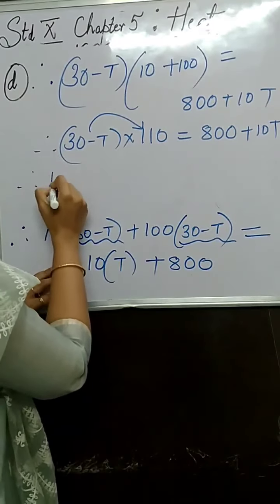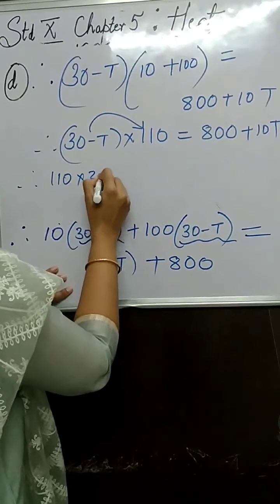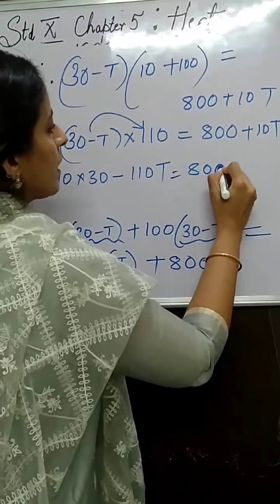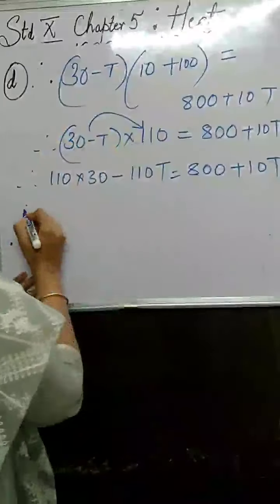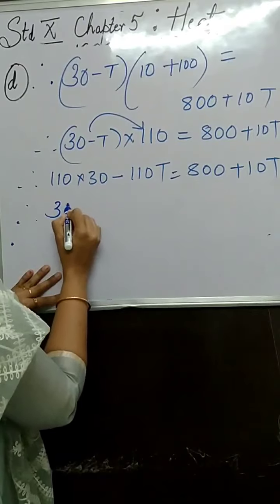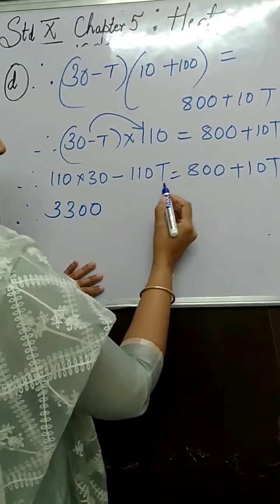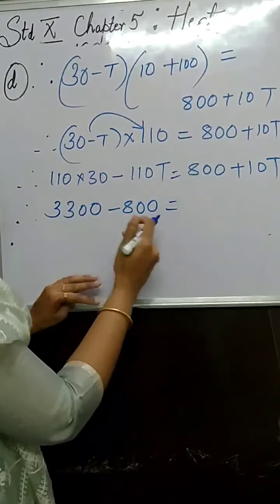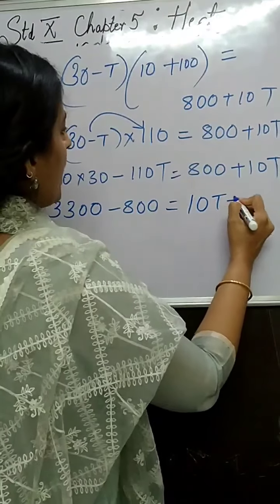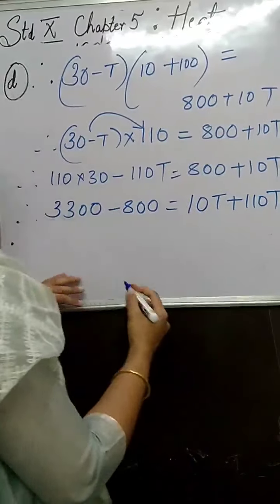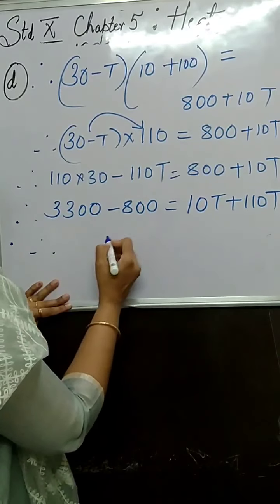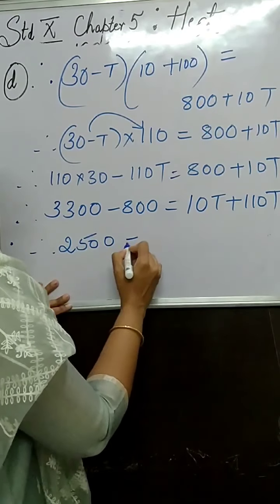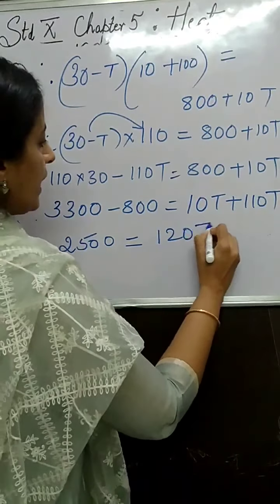This will be 110 into 30 minus 110T is equal to 800 plus 10T. This will be 11 3s are 33 and 2 zeros. Minus 800 is equal to, 800 I have brought here, 10T plus 110T. Subtract, therefore 13 minus 8 is 5 and this is 2, is equal to 120T.